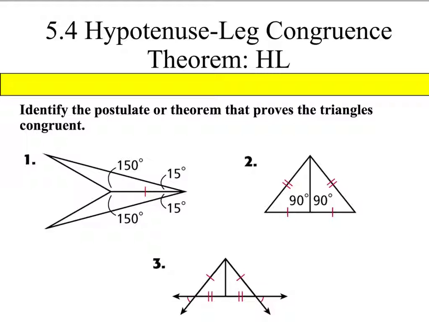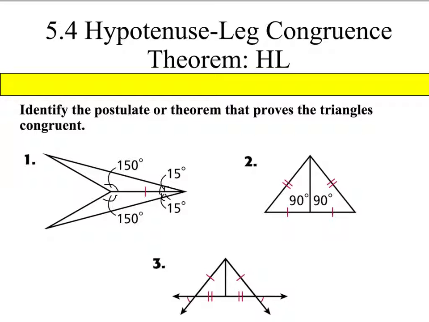Alright, so looking at this very first problem, you will notice that we have 150 degree angles, 250 degree angles, a side that is congruent to each other, and that 2 angles that are also 15 degrees. So if we look at this picture, we have an angle here, another angle right here, and that side.